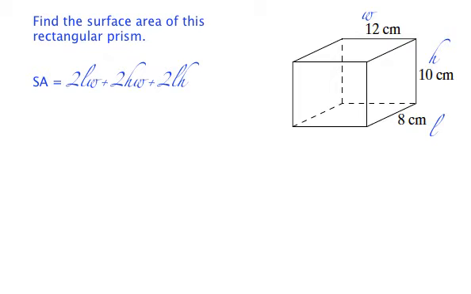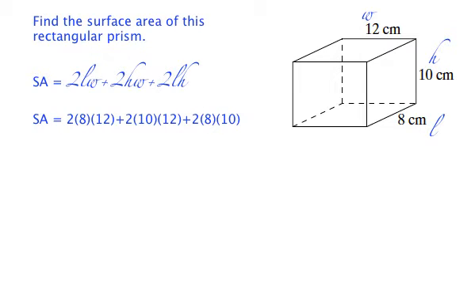Now you can easily plug in all of these dimensions into your formula. So you will have surface area equals 2 times 8 times 12 plus 2 times 10 times 12 plus 2 times 8 times 10.